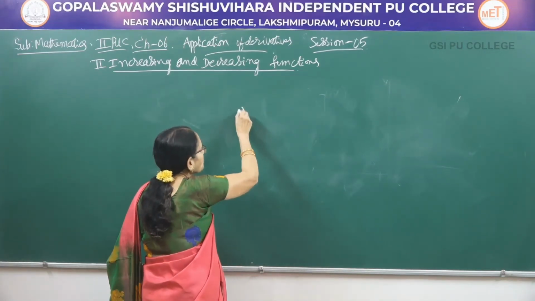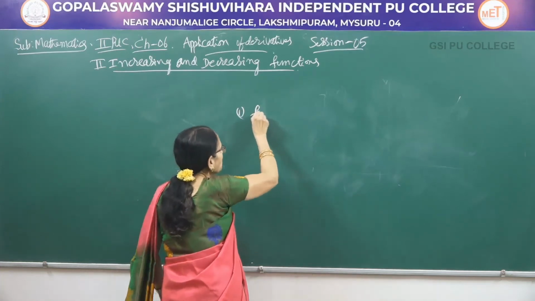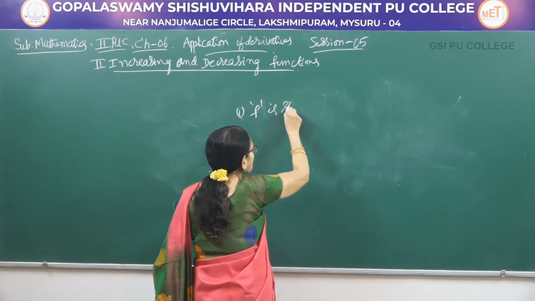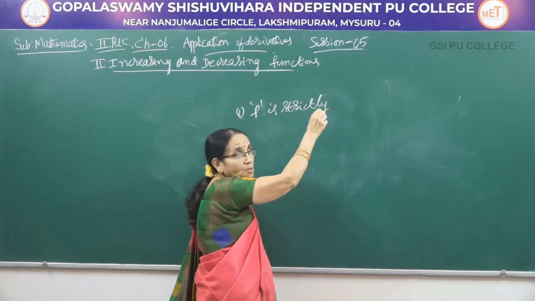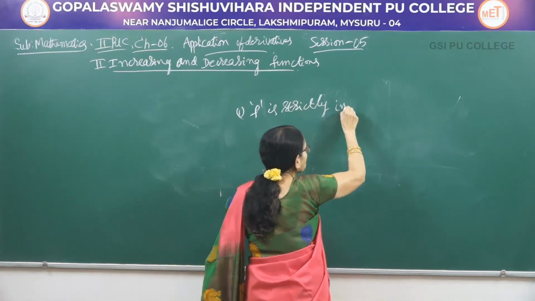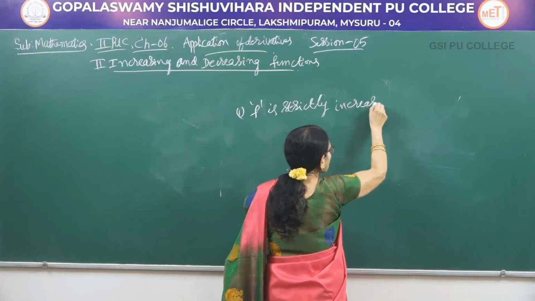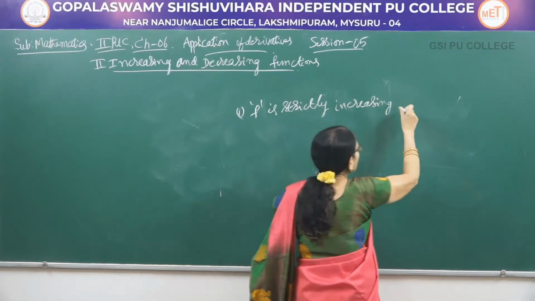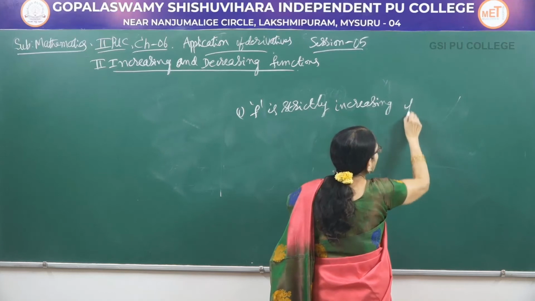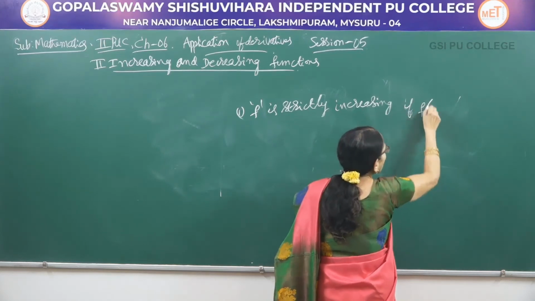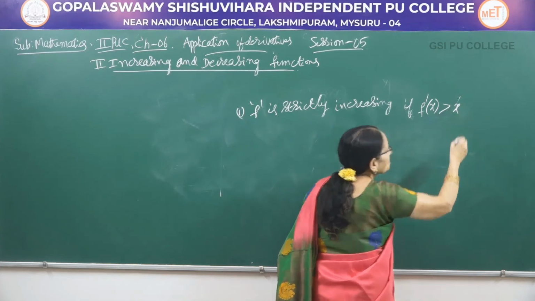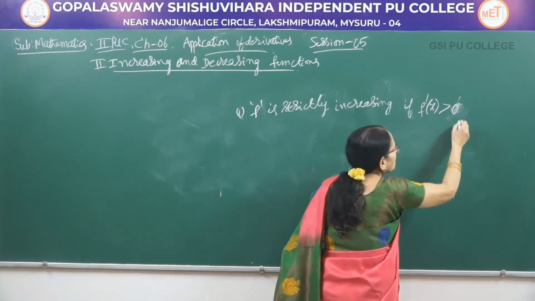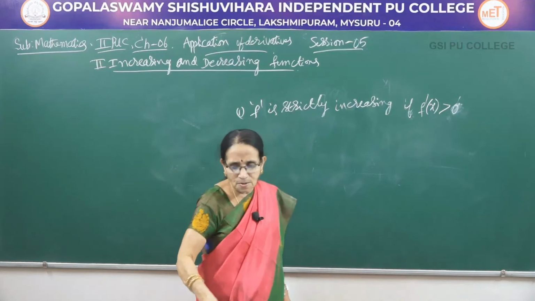First part of this one, f is strictly increasing. Here only strict increase or strict decrease we are considering. f is strictly increasing if f dash of x is greater than 0.